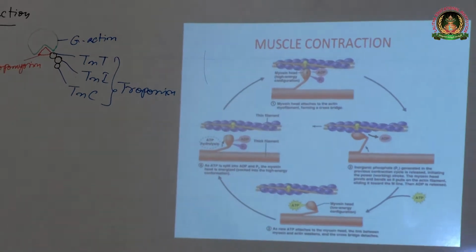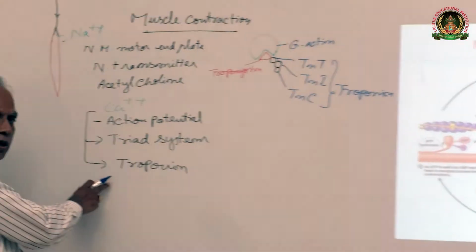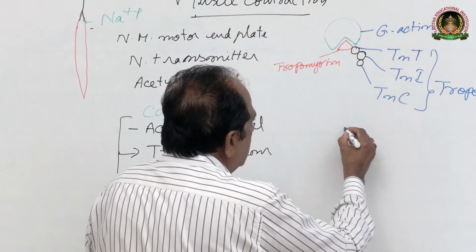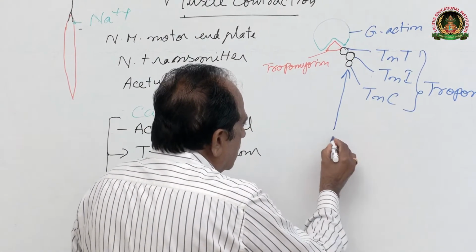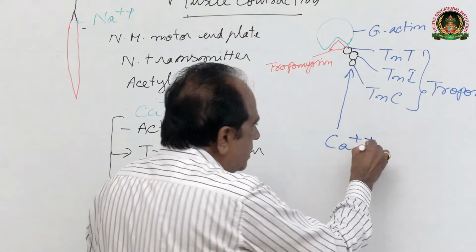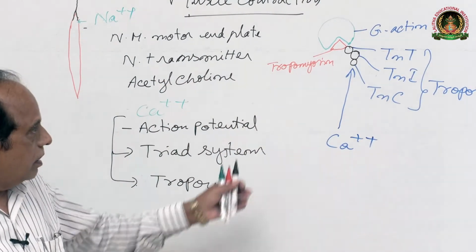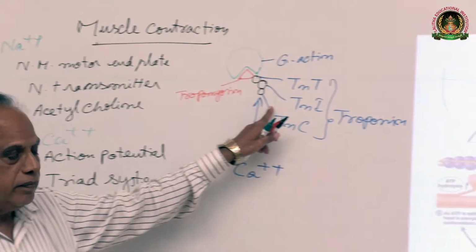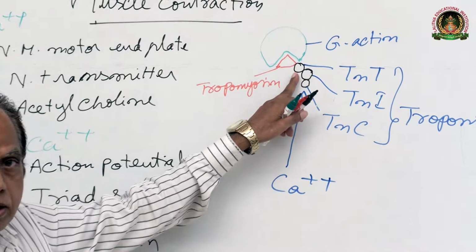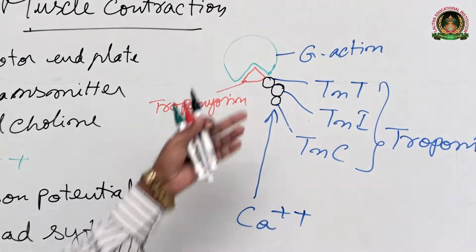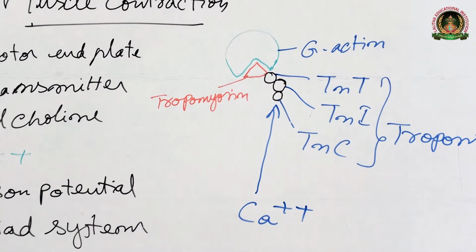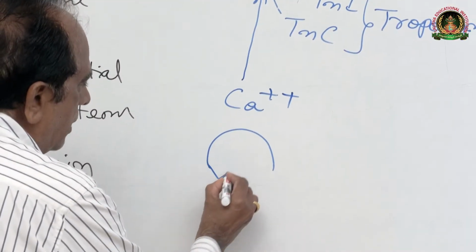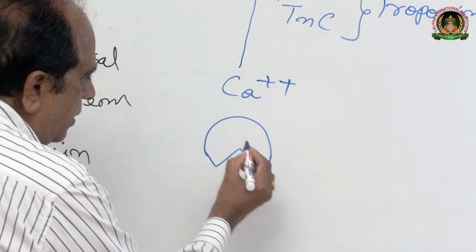When the calcium ions are released from the sarcoplasmic reticulum, these calcium ions bind to the TNC subunit. When the calcium ions bind to the TNC subunit, the TNT pulls the tropomyosin aside. Thereby, the myosin binding site of actin is exposed.